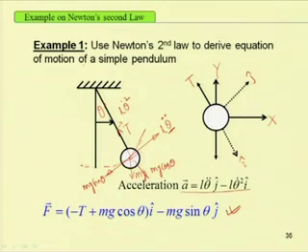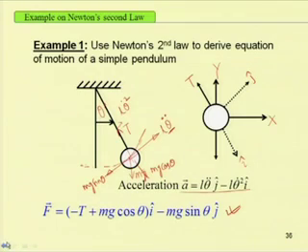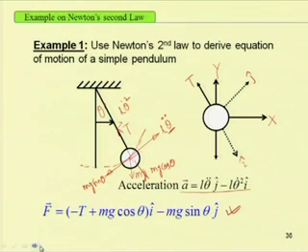This simple example illustrates how one can use Newton's second law to derive the equation of motion. In this case we have derived this equation of motion by considering force equal to mass into acceleration.